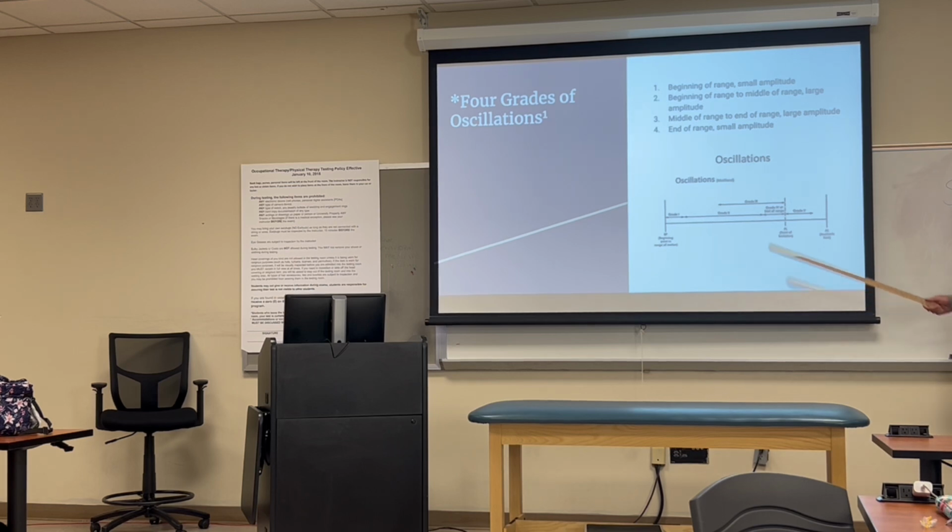All right. And now we go to the end of the range, right? With what? A small amplitude. So a grade 4 is at the limit of the range with a small amplitude. So your smaller lines indicate a smaller amplitude. Your larger lines or your longer lines indicate a large amplitude.